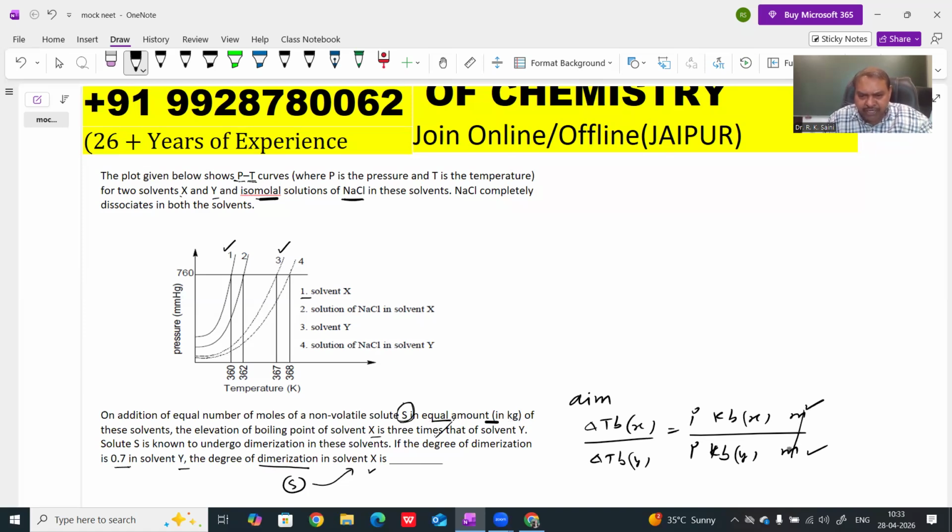Therefore, the molality is equal. The elevation in boiling point in X is 3 times that in Y.